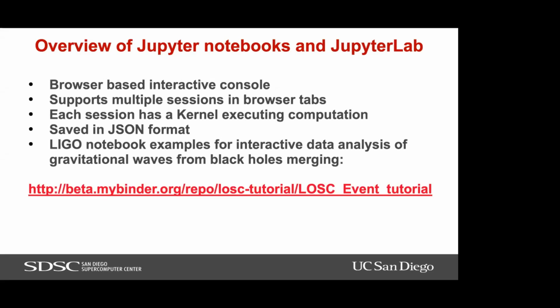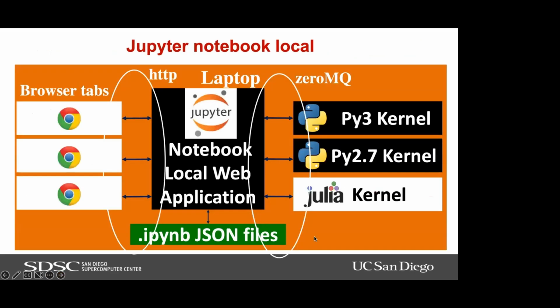The notebook itself is saved in JSON format, and you can always go back to it and share it and so on. And he had a nice link here with examples of notebooks in real-world physics applications. We're not going to do those, but he had a nice link for that.